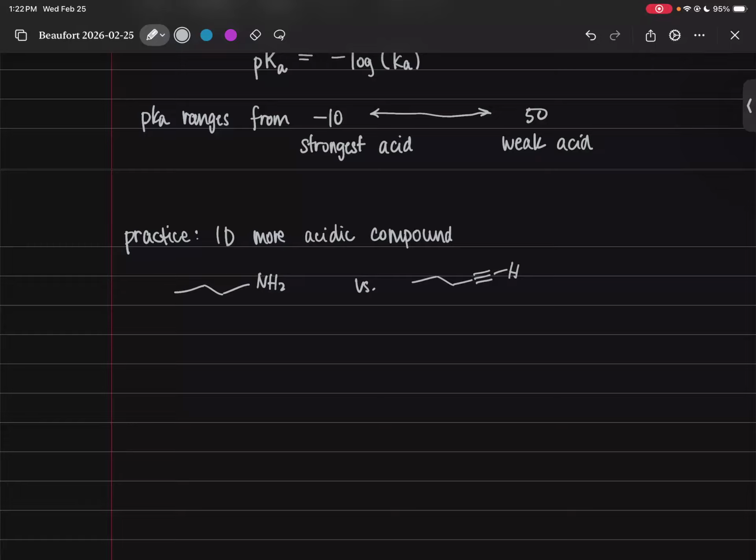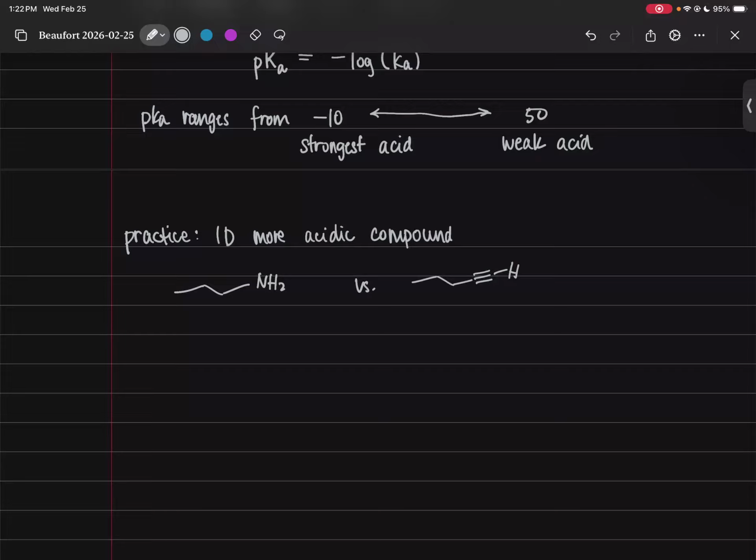Okay, so here's two compounds, and based on pKa, which of these is more acidic? These specific compounds are not listed on the chart, but some analogs of them, so compounds that are very similar, are. And so we can make a rough approximation of pKa.